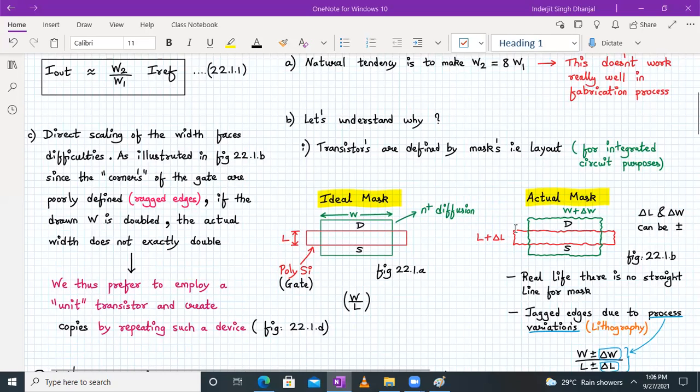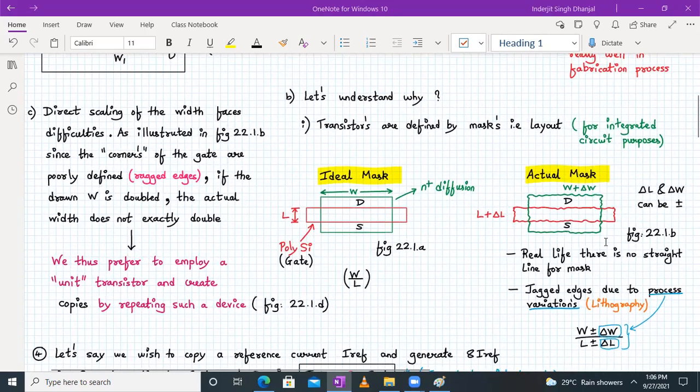Because there are no straight lines for masks in real life, there can be delta L and delta W. It can be W plus or minus delta W, or L plus or minus delta L. These are the jagged edges due to the process variations.